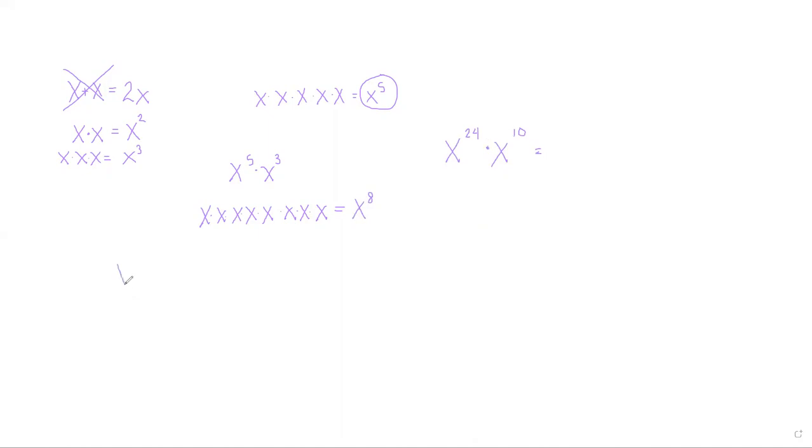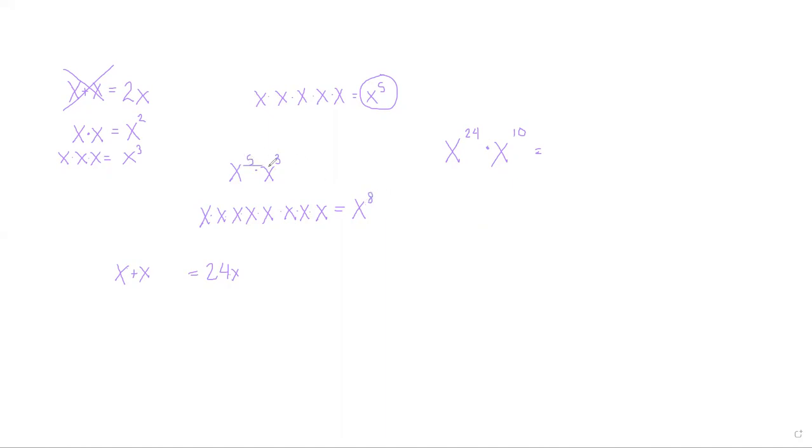Well, I know that x plus x 24 times is 24 times x, right? And if I look here, I have a 5 and I have a 3. 5 and 3 is 8.